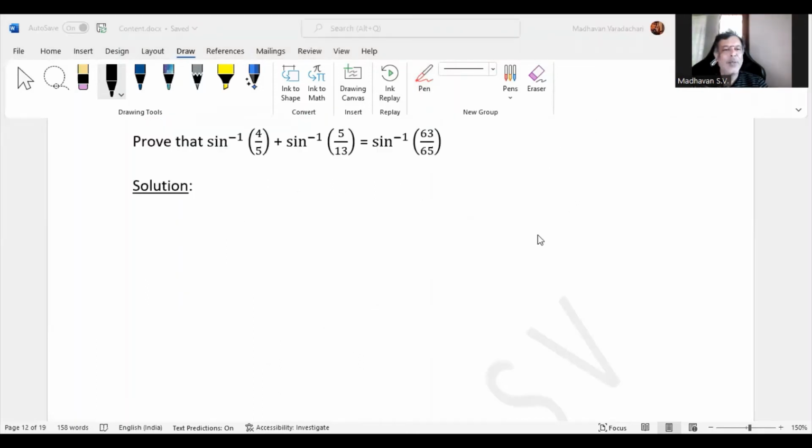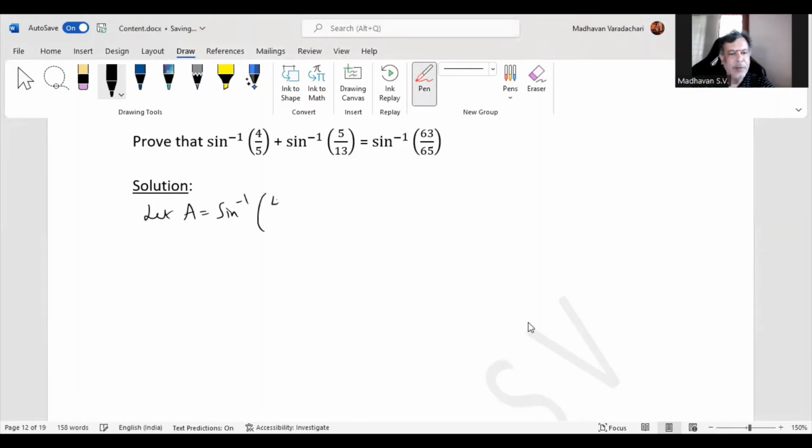This we need to prove that sine inverse of 4 by 5 plus sine inverse of 5 by 13 is sine inverse of 63 by 65. So let us assume, let A equal to sine inverse of 4 by 5, which means sine A equal to 4 by 5. Similarly, B is sine inverse of 5 by 13, then sine B will be 5 by 13.